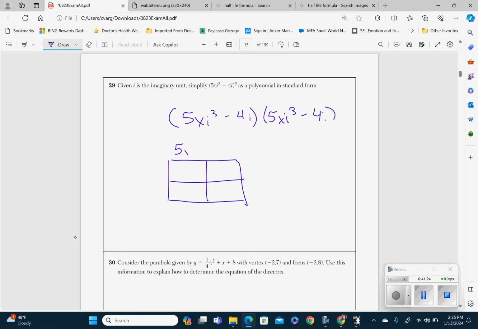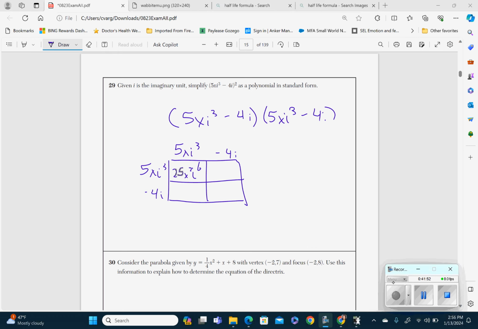So 5xi to the third minus 4i, 5xi to the third minus 4i. 5 times 5 is 25. x times x is x squared. i to the third times i to the third, add the exponents, is going to give me i to the sixth. Okay, so that's my first one right there.